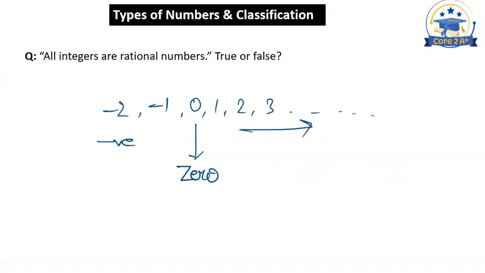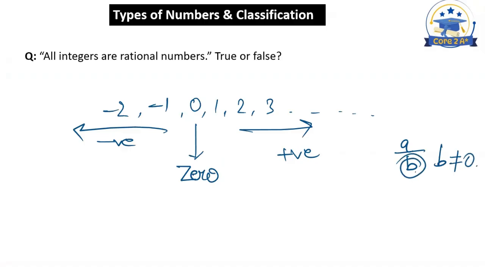So, are all integers rational numbers or not? Rational numbers are numbers which we can write in the form of A upon B, where B must not be equal to 0. The denominator must not be 0.